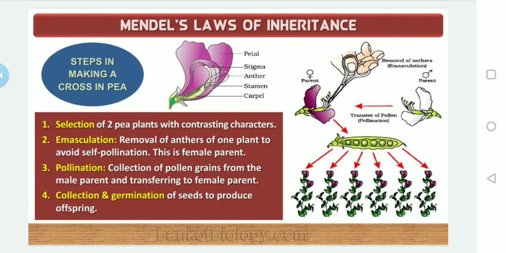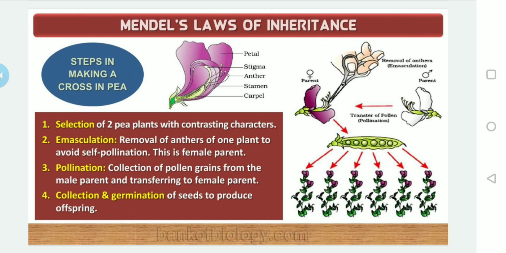Then it comes to the laws of inheritance. What are the steps he used to conduct these hybridization experiments? This can be asked as arrange the steps in making the crosses, or rearrange them like that.